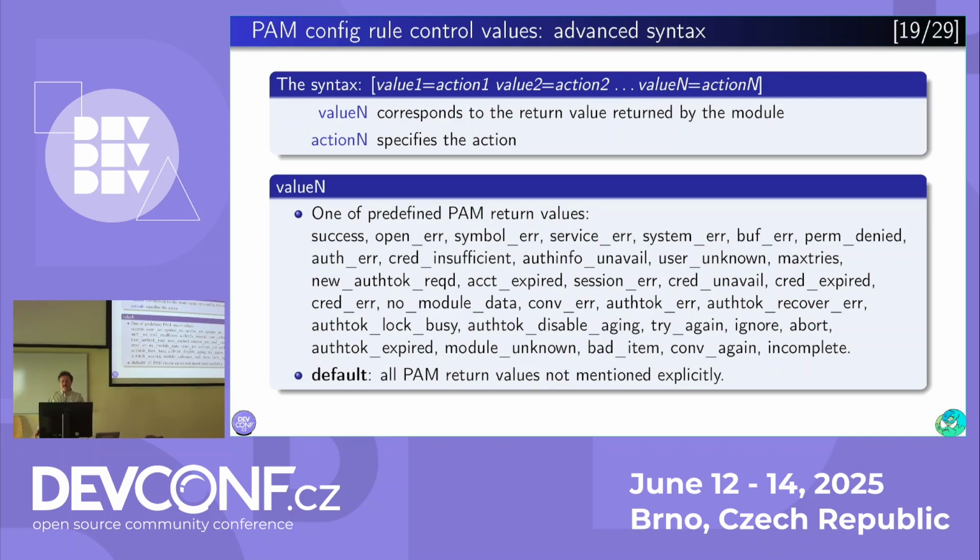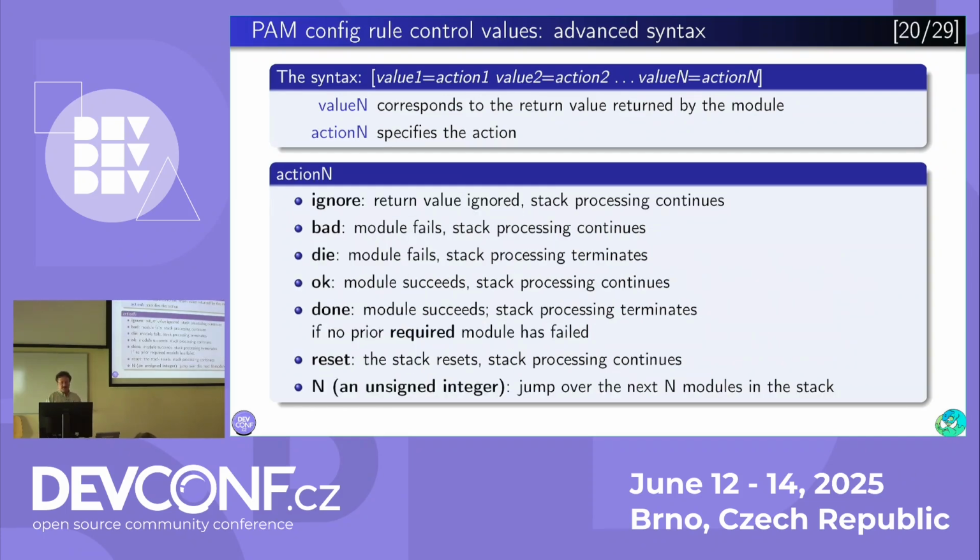The return codes could be specified as those that the PAM library supports, and there is also one specific keyword called default, which means all return values not mentioned. And actions are essentially similar to the main control values.